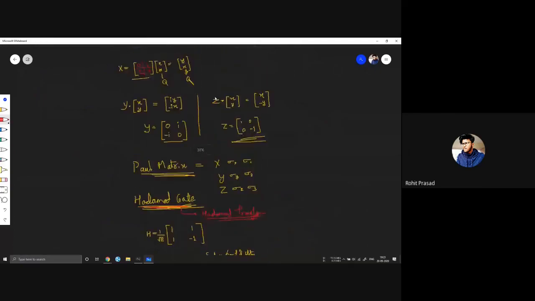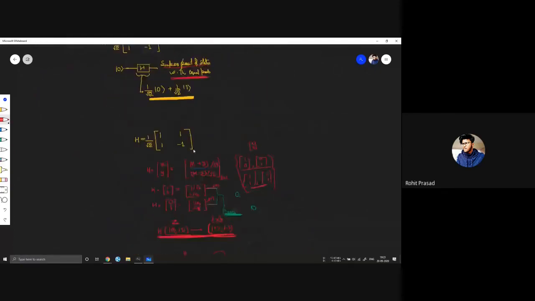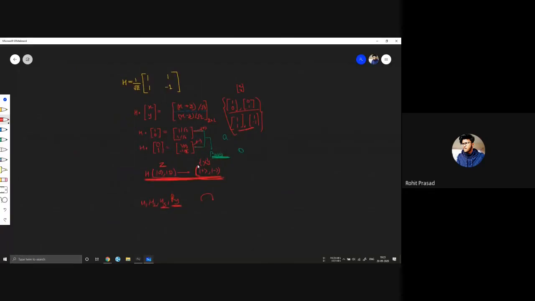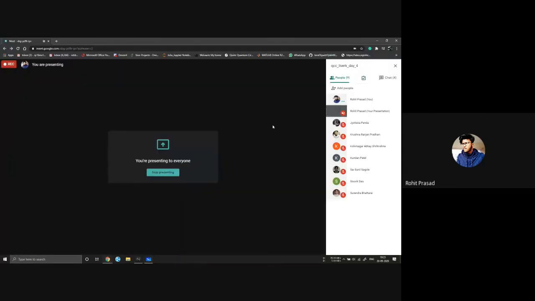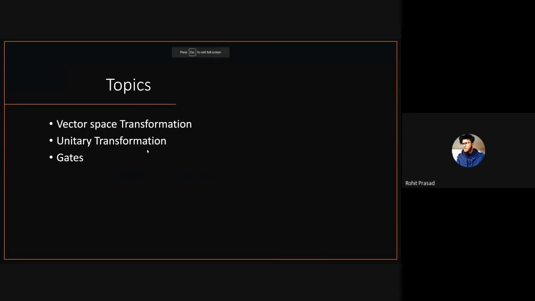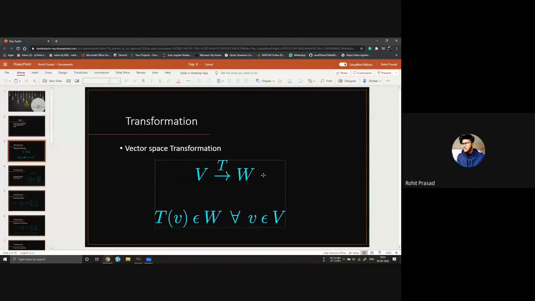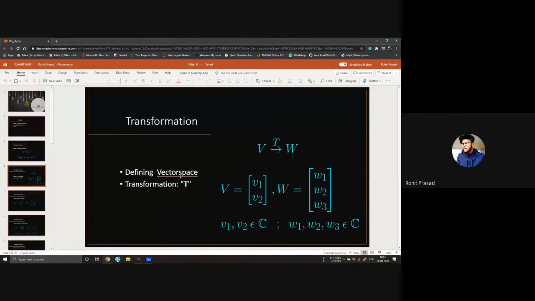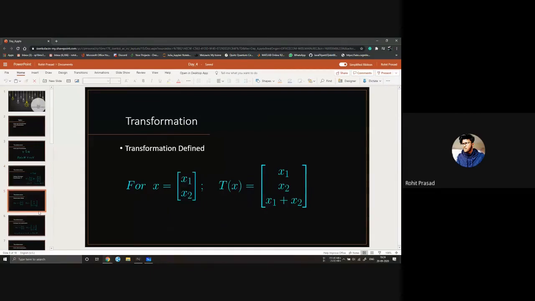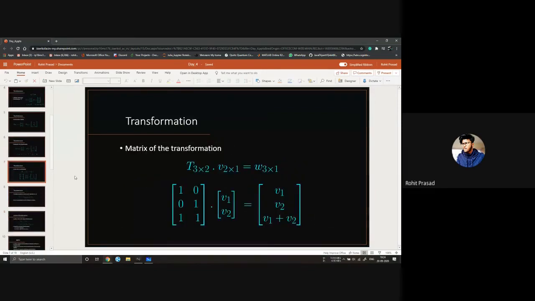So let's end it with this Hadamard gate, and I will talk to you about the Bloch sphere in the next session. All the things that I showed you on the whiteboard are available in the slides as well, like this transformation from V to W, for all v belonging to V. I defined this transformation, then made the matrix.